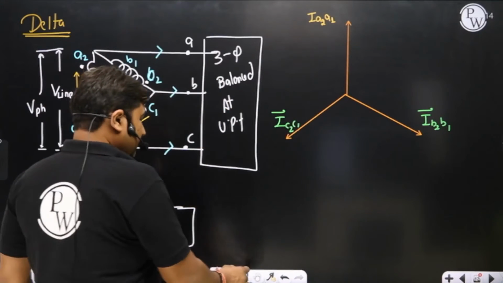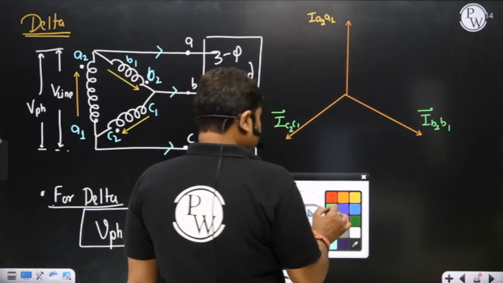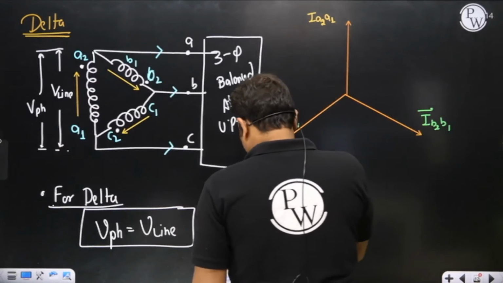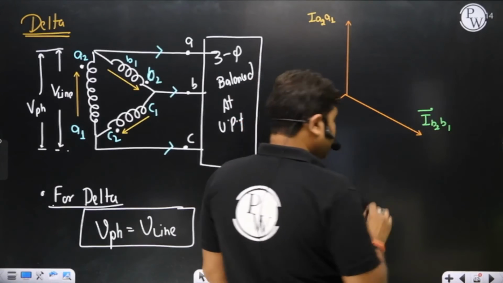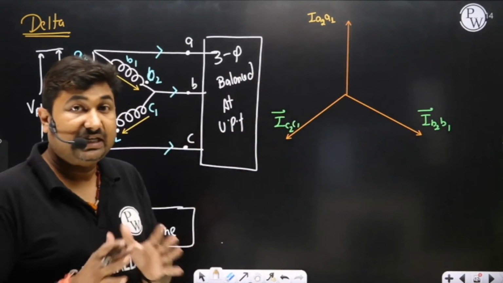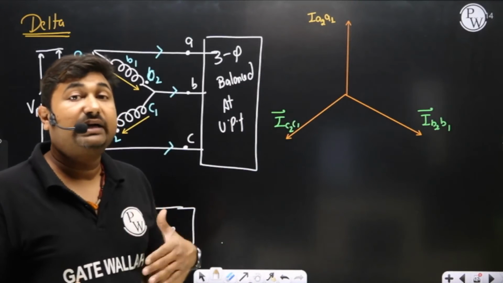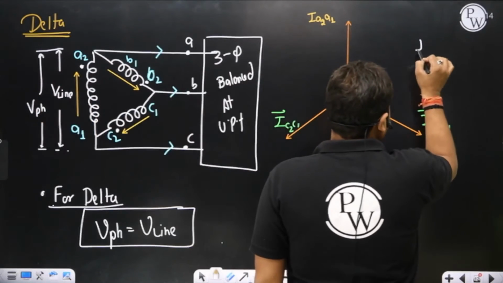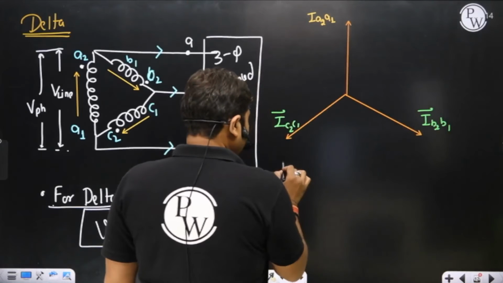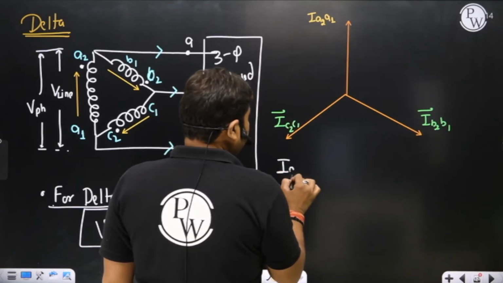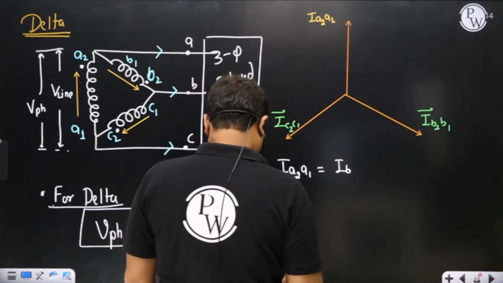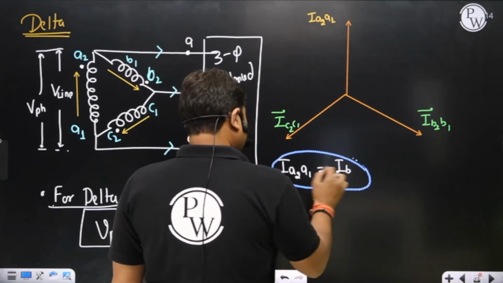Now please observe, these are the phase currents. In case of a balanced load, already in the first numerical of this class, we observed that the current magnitudes are equal. So I am representing here that IA2A1 is equal to IB2B1, which is equal to IC2C1.